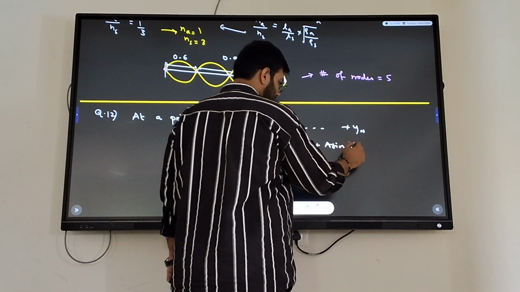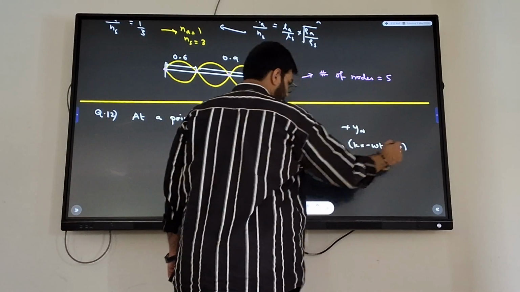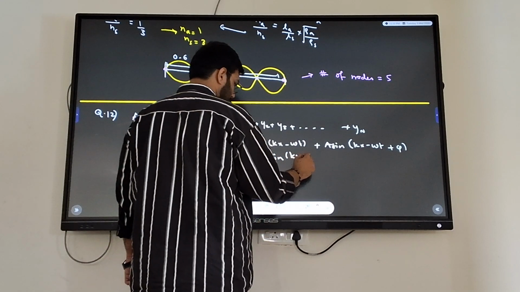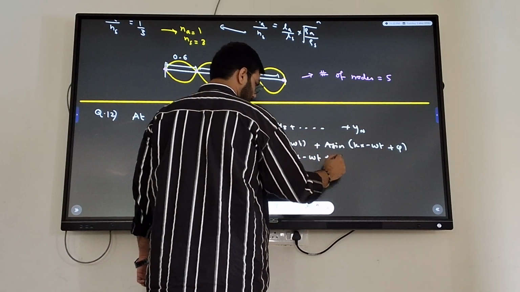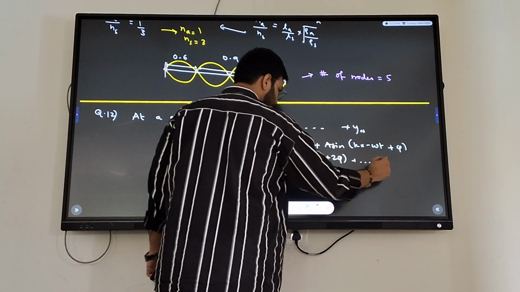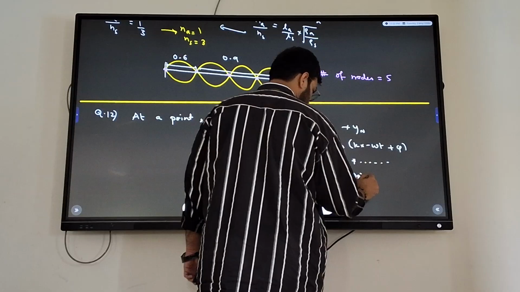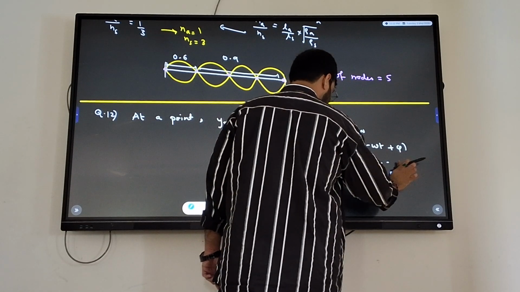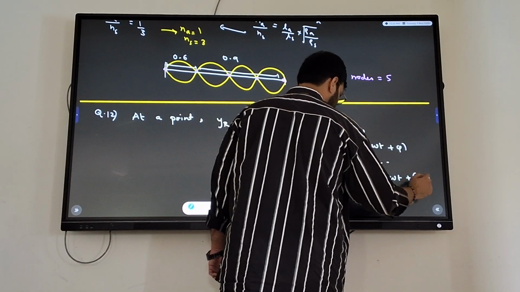A sine kx minus omega t plus phi. What should be the third term? A sine kx minus omega t and then plus 2 phi. What should be the last term? A sine kx minus omega t plus n minus 1 phi.